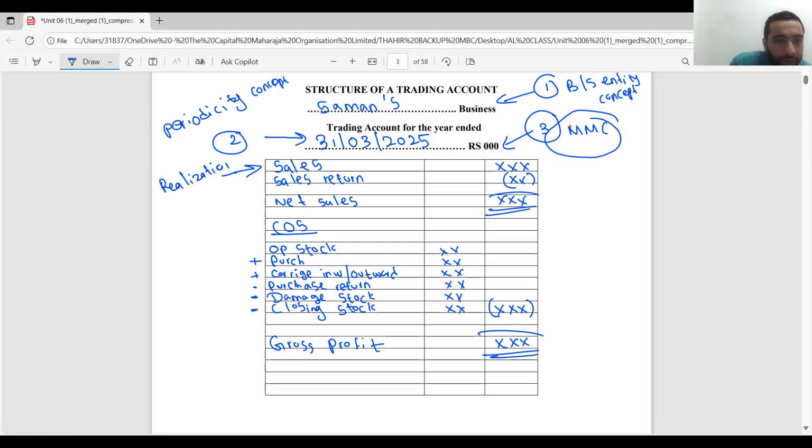Realization concept, right? Why? The sales has to be realized if you want to recognize it in your financial statement. So we learned the realization concept last week. And then this, what is this cost of sales? Which concept?